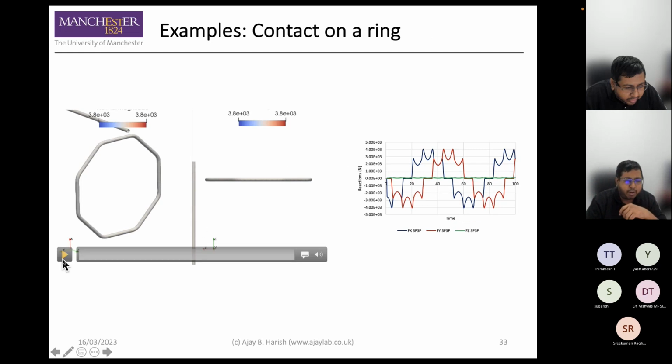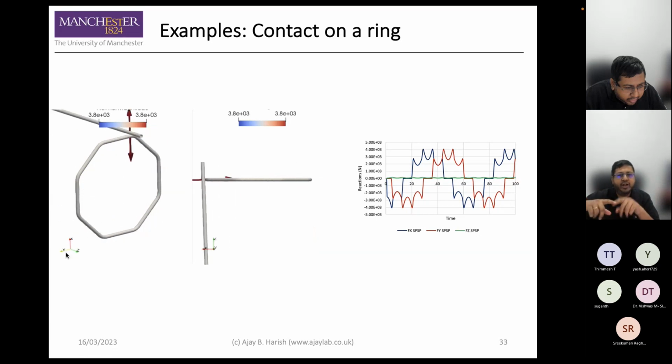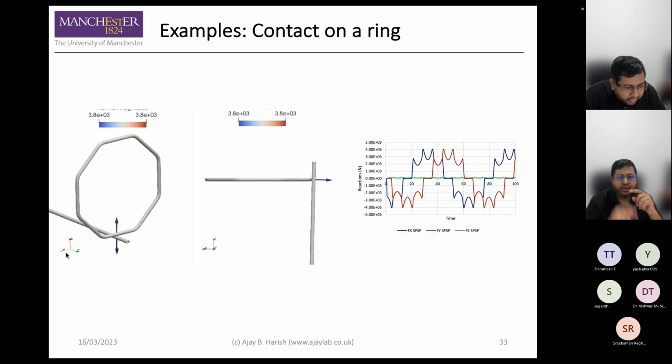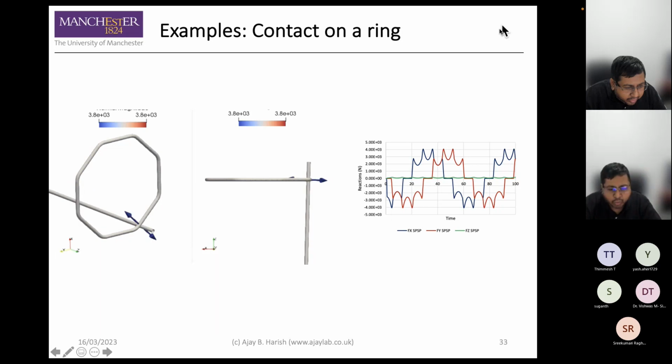A more interesting problem is when we have jumps. Here, the direction of contact suddenly changes every time you have a kink. As you can see on the right side, the blue color is the FX, the red color is the FY, and green is the FZ. FZ is into the plane, and that is very negligible compared to the FX and FY.